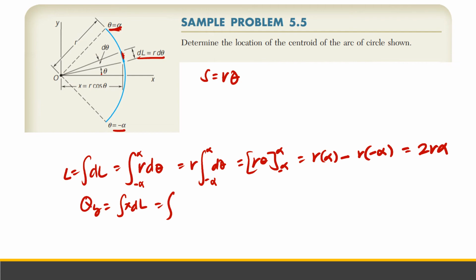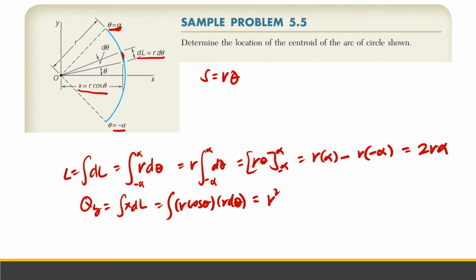X is equals to, x here is r cosine theta, and dL is r d theta. So r cosine theta multiplied by r d theta. So this is equals to magiging, so r is constant, so pwede din palabasin yung r.